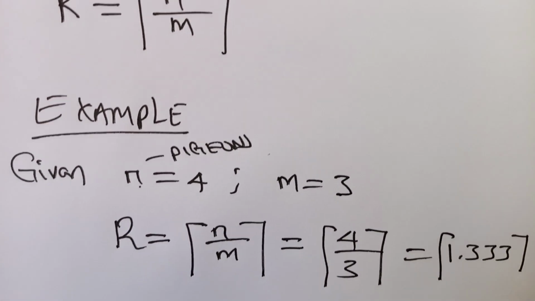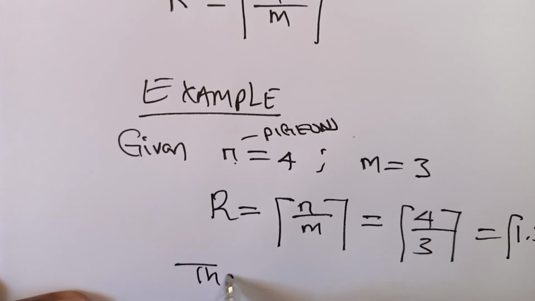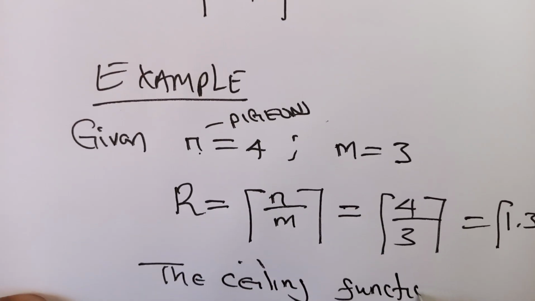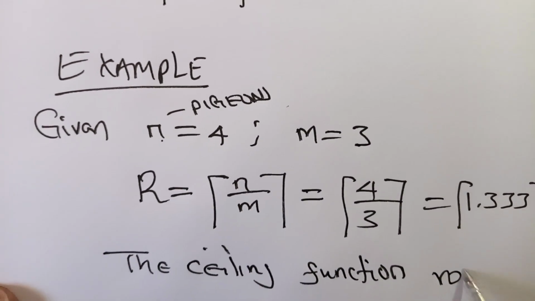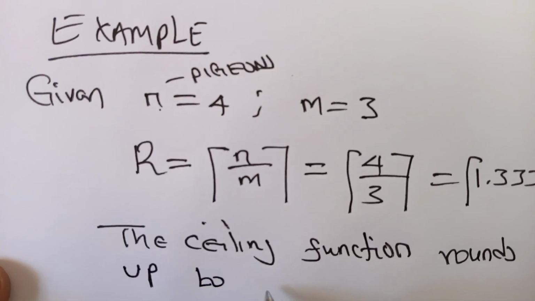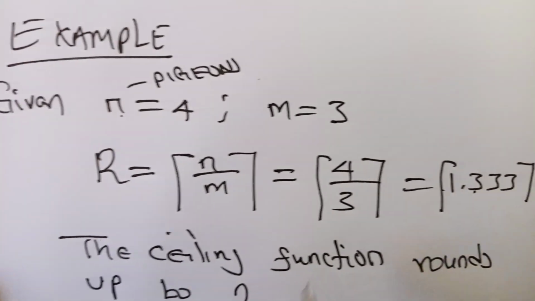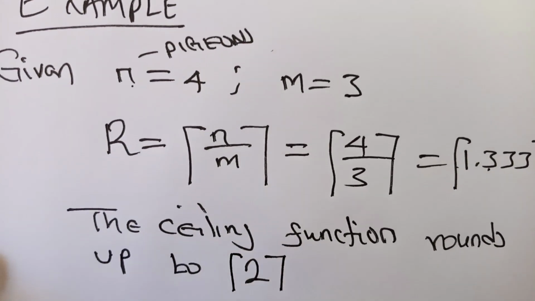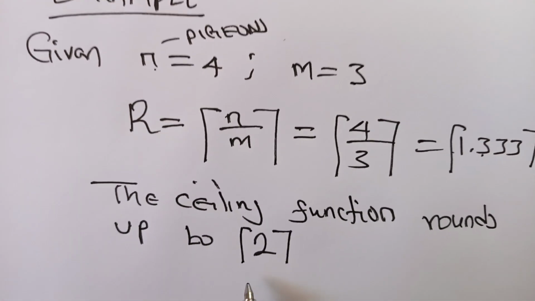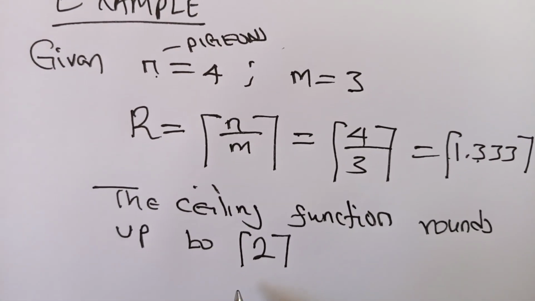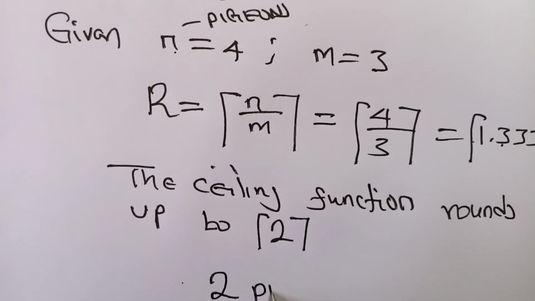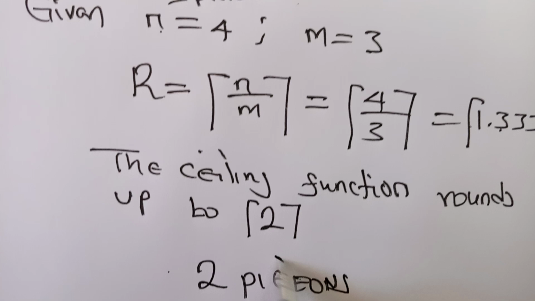Now the ceiling function rounds this up to 2. This states that there is at least one container or box or pigeonhole that will contain 2 pigeons.